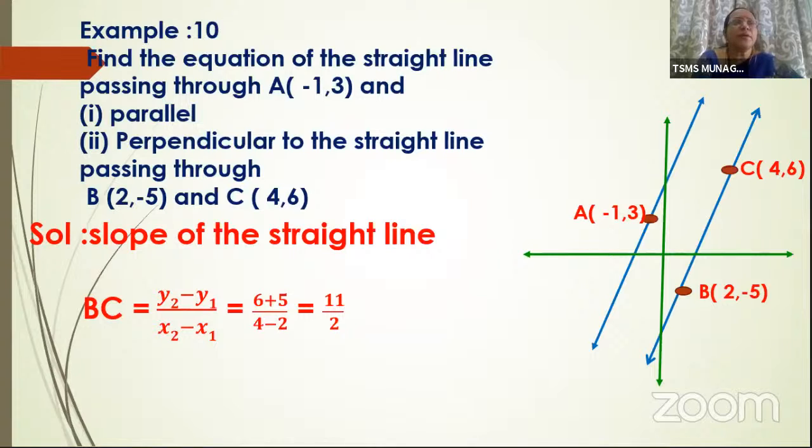Try to find the slope of the first line, which is passing through B and C. The slope of straight line BC, using the formula y2 minus y1 by x2 minus x1, taking B as 2 comma minus 5 and C as 4 comma 6, is 6 minus of minus 5 by 4 minus 2, which gives you 11 by 2. So the slope of this is 11 by 2.